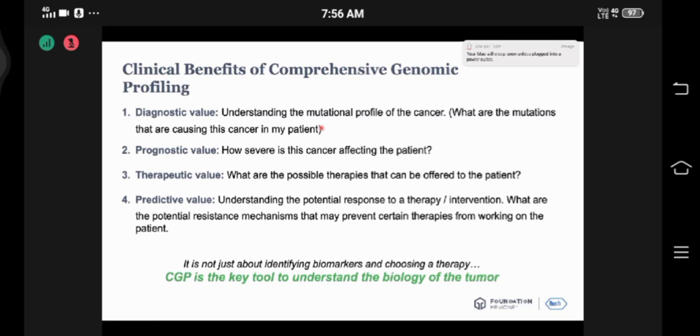So for all of us, whether it is a surgical oncologist, medical oncologist, or a radiation oncologist, understanding the biology or the behavior of a particular tumor is very, very important. When we know whether to give treatment or not, whether to operate or not, and whether to expect a recurrence or resistance in the future.